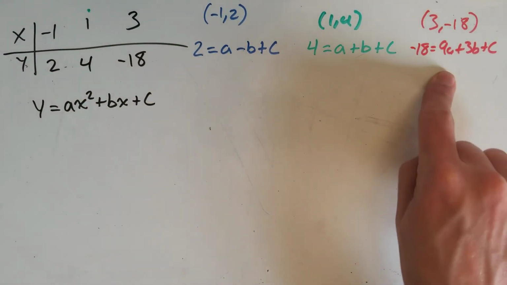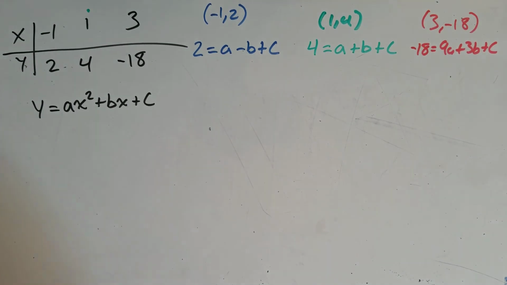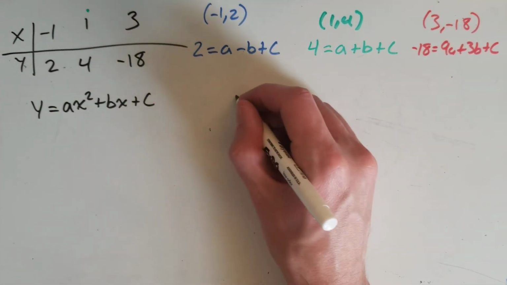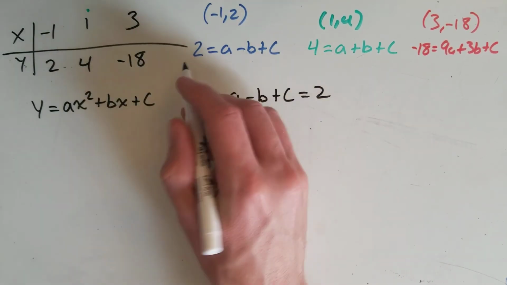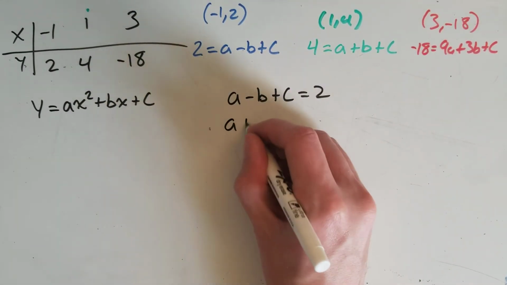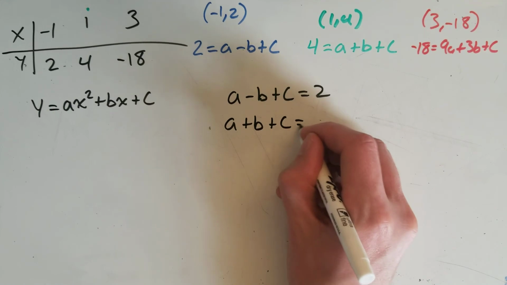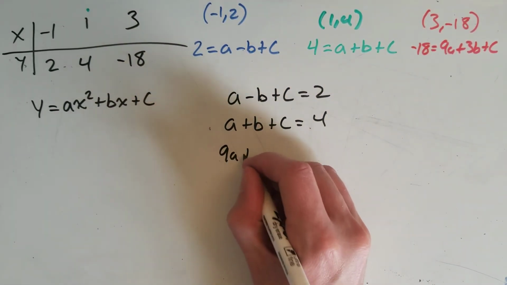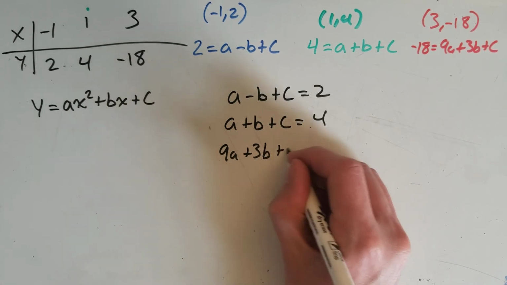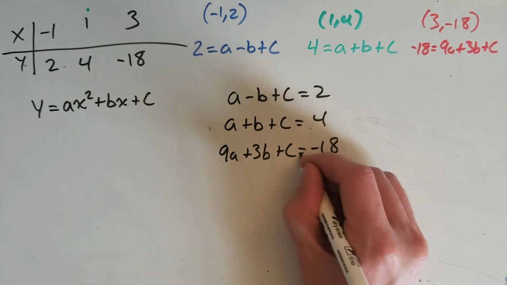So these are your 3 equations, and I'm going to rewrite them so we can see if anything works out for us. We have a minus b plus c is equal to 2. We have a plus b plus c is equal to 4. And we have 9a plus 3b plus c is equal to -18.